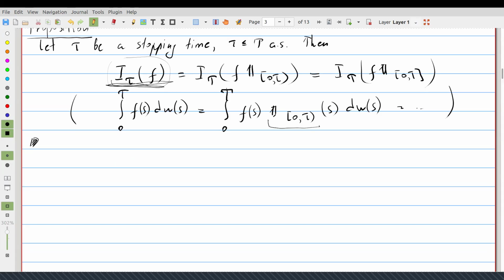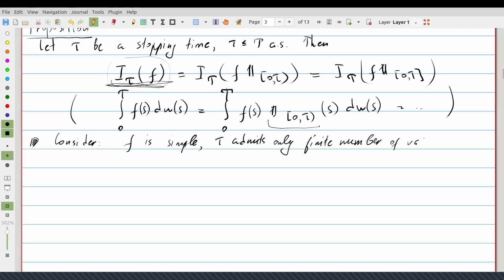Let us prove this only in one particular case, when f is simple and tau admits only a finite number of values.